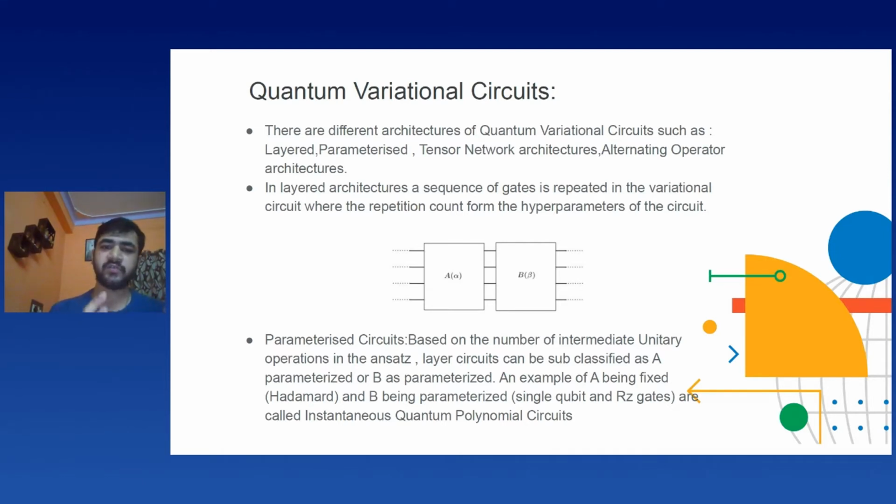So these kinds of layered architectures are quite popular, and these are perhaps the most used variants of quantum neural nets. So parameterized circuits are another variant of these kinds of layered circuits, where we try to pass different parameters inside it. So what can these parameters be? In a basic neural network, when we talk about parameters, the most important thing that comes to our mind is weights of a particular hidden layer, the bias associated with that particular hidden layer.